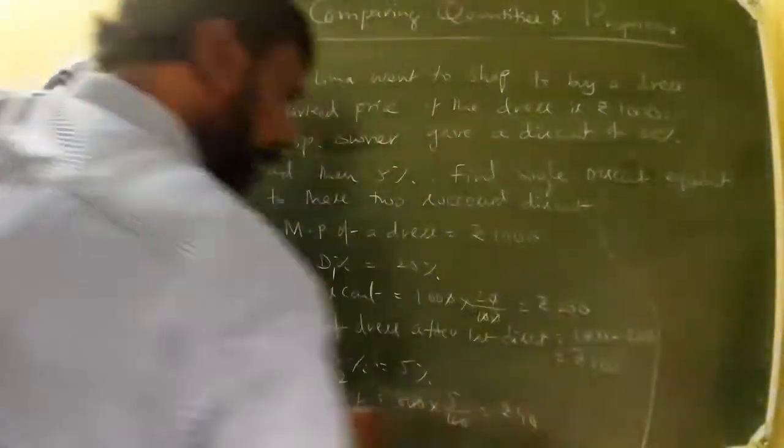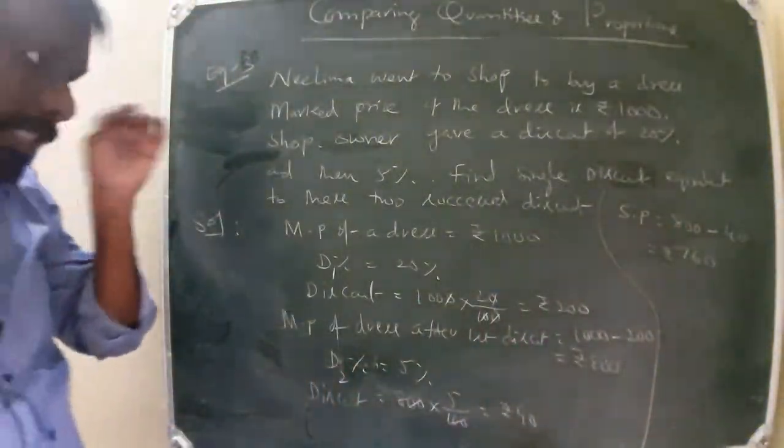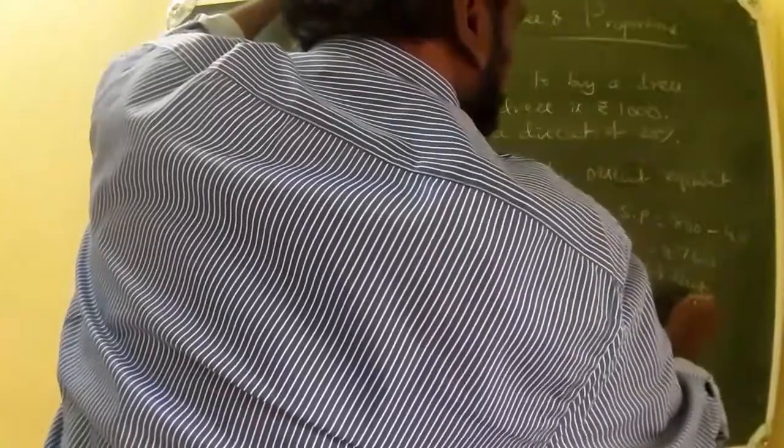Now this is the selling price. We got the selling price as 800 minus 40, that is 760 rupees. Now we can find the overall discount. Total discount is 1000 minus 760, that is 240.